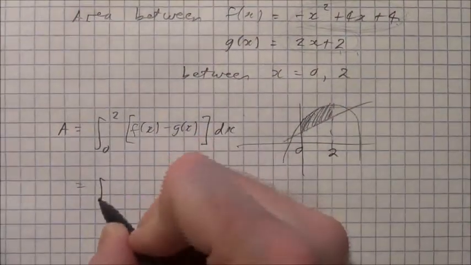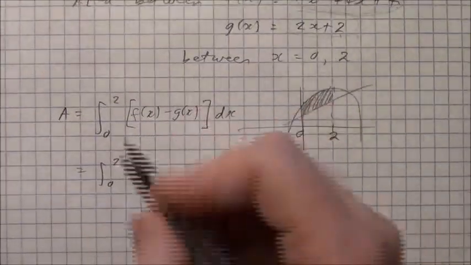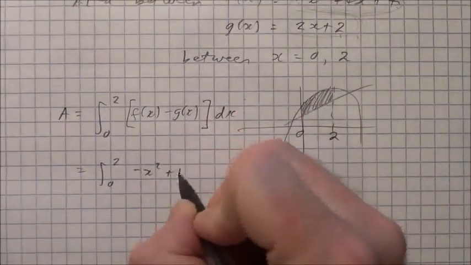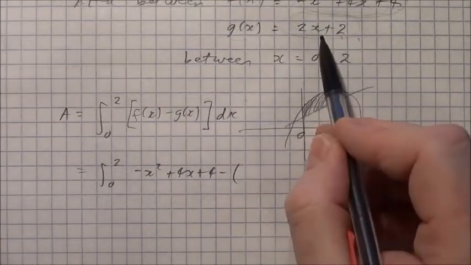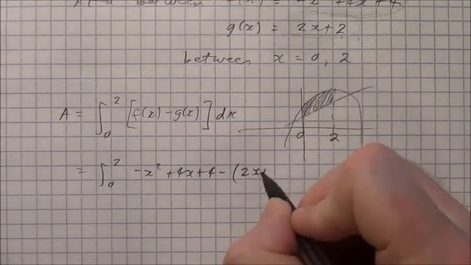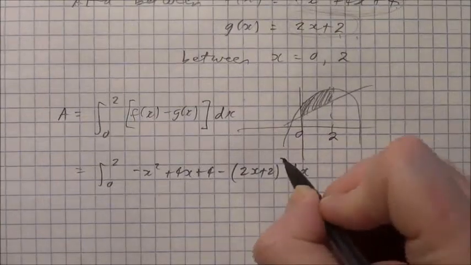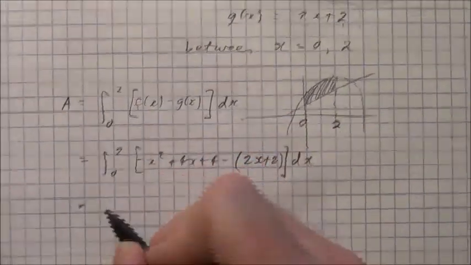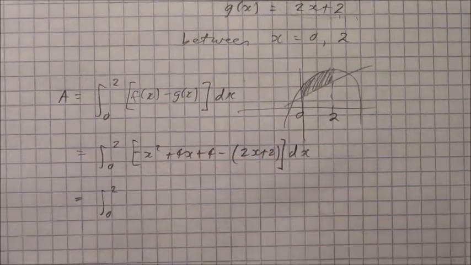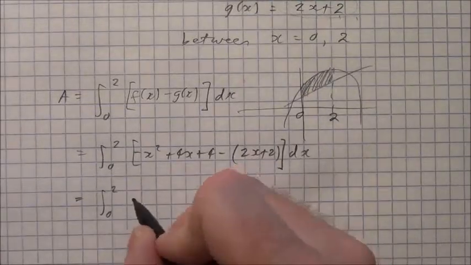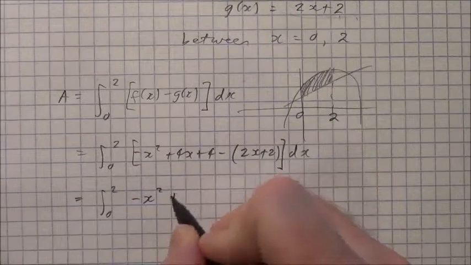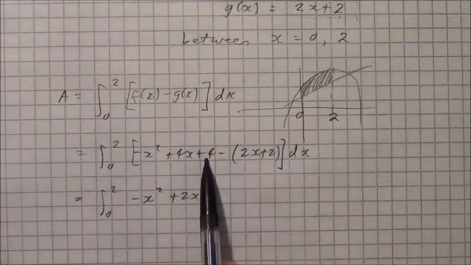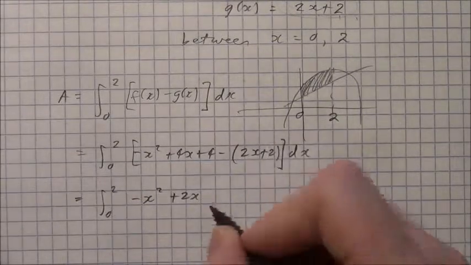We substitute in the functions, so we get the integral of negative x squared plus 4x plus 4 minus, I'll put brackets around this one, 2x plus 2 with respect to x. Then I'll simplify inside here, so I get negative x squared, 4x minus 2x is going to give me 2x, and then 4 minus 2 is going to give me 2.